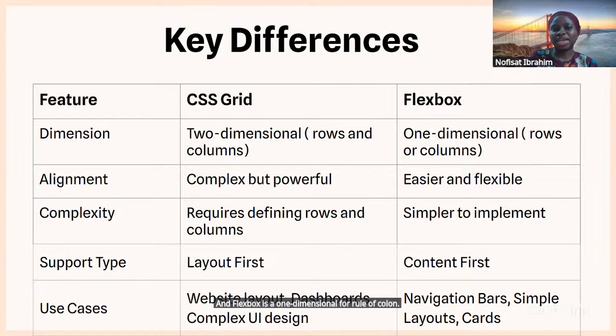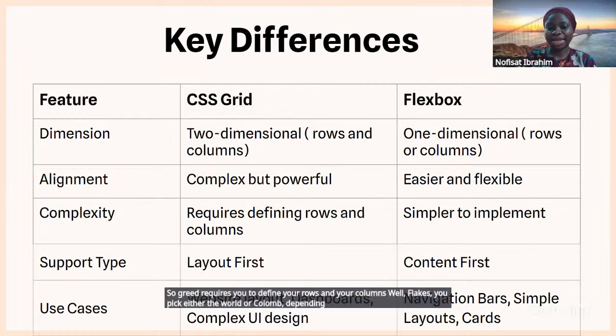Flexbox is easier and flexible to use, while grid is a bit complex, but very powerful. Grid requires you to define your rows and your columns, while with Flex, you pick either the row or the column, depending on what you want your layout to look like.